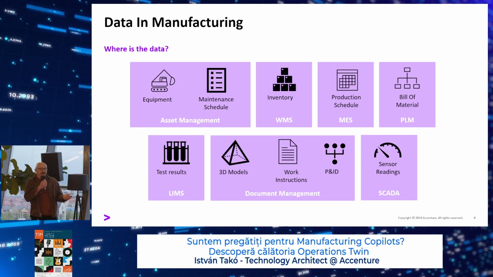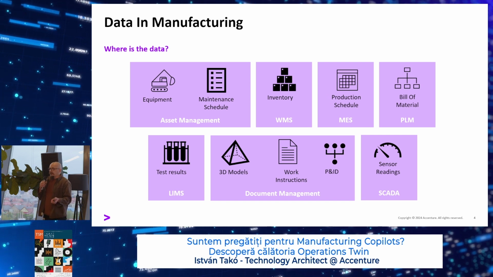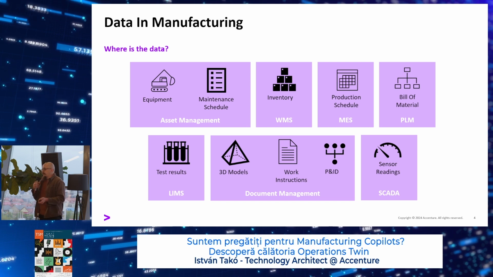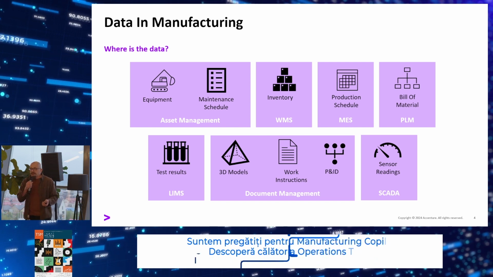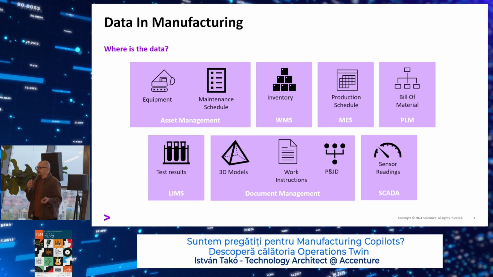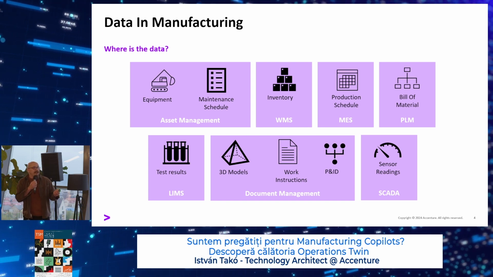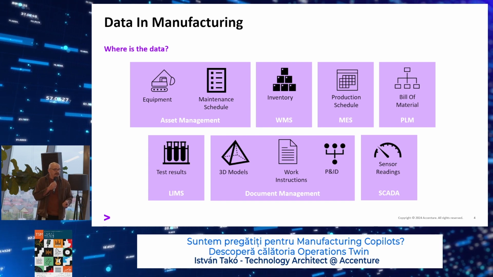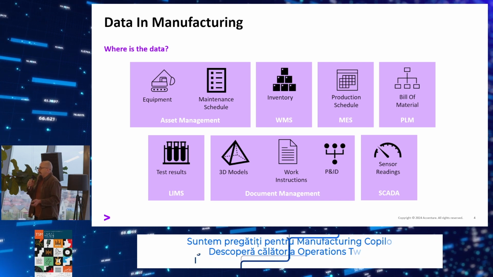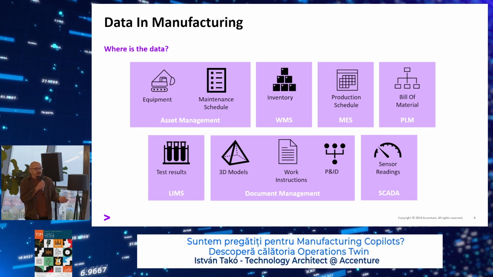I could have a warehouse management system to track my inventory. I could have my manufacturing execution system to manage my production schedule, and so on. LIMS for test results, SCADA for collecting data from machinery, and so on.